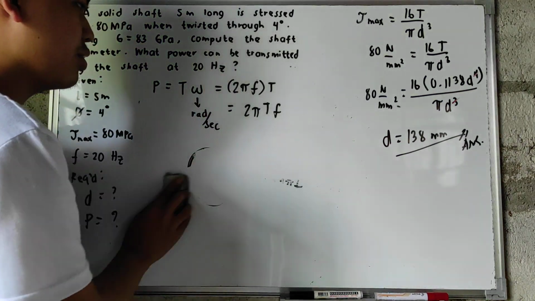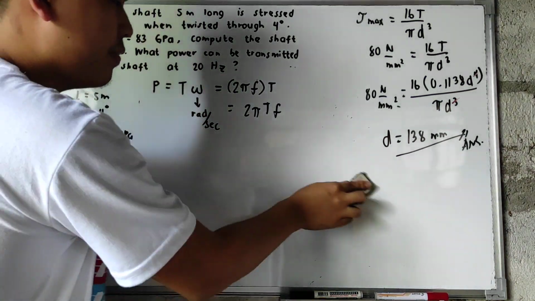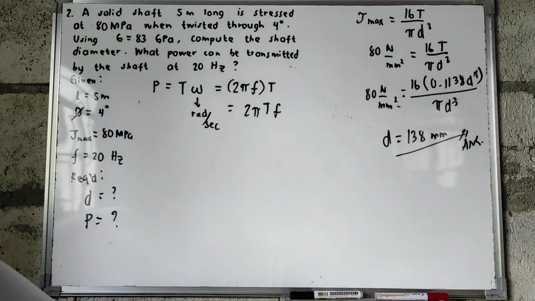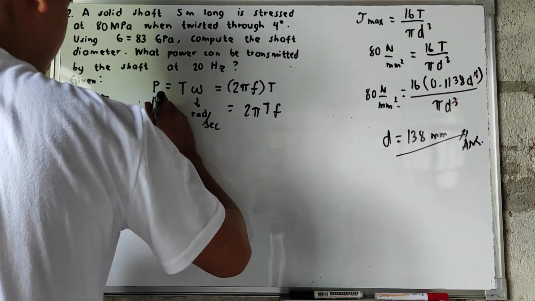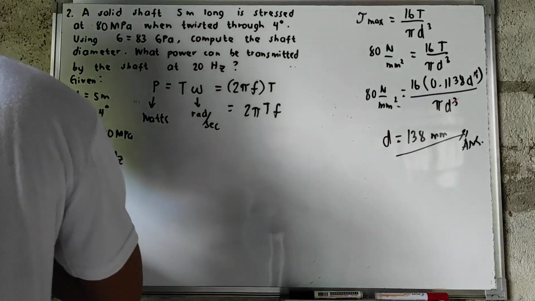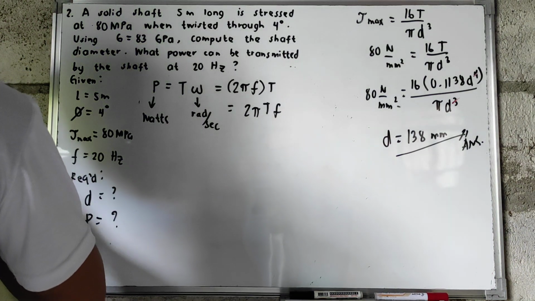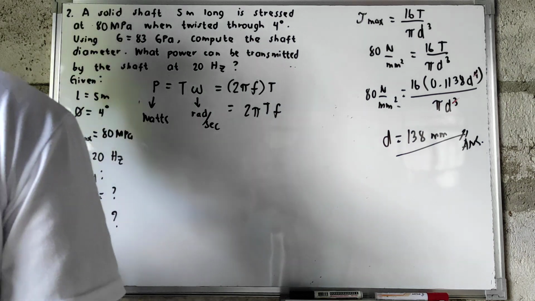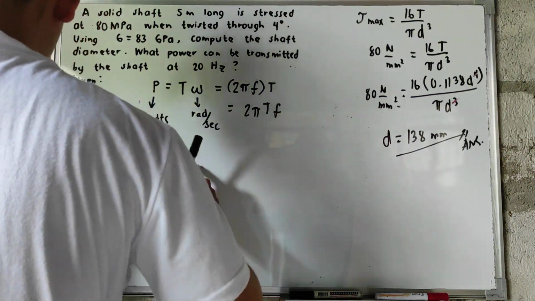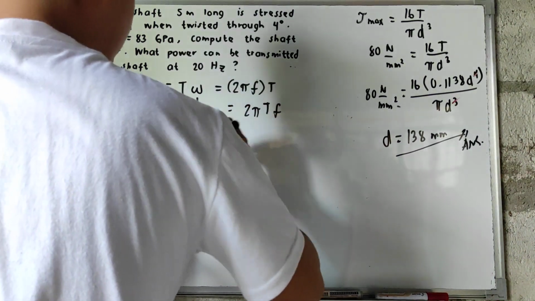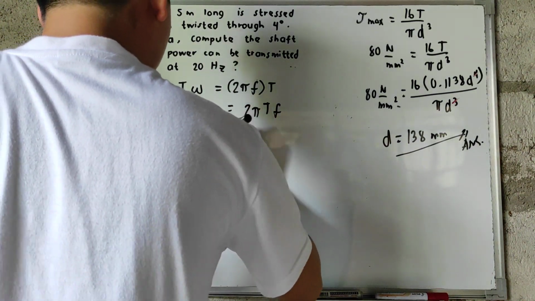Let us use this formula to solve for the power, which is in terms of watts. P is equal to 2 pi TF.